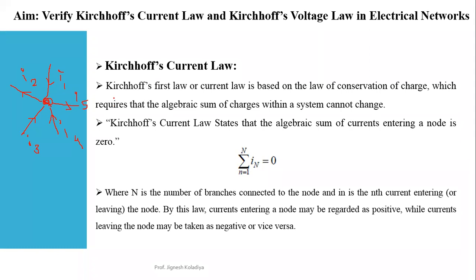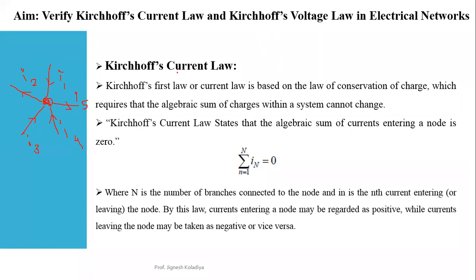If I take incoming as positive and leaving the node as negative, I can write: incoming are I1, I3 and I4.